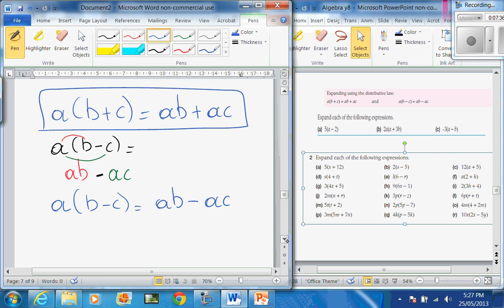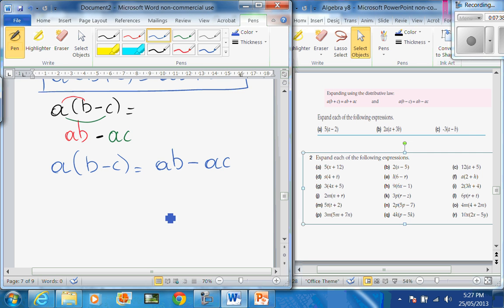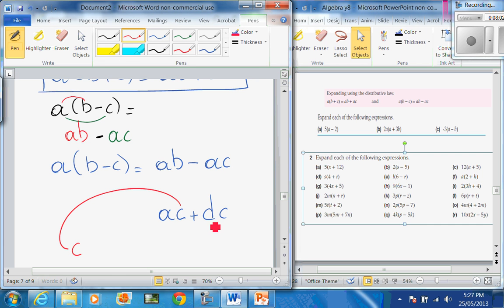I have a trick for you. Do you remember ACDC? Okay. What can I take outside of ACDC? What's the common between this and this? Let's say this AC plus DC. What do I have common here? Exactly. It's C. So I have C outside.